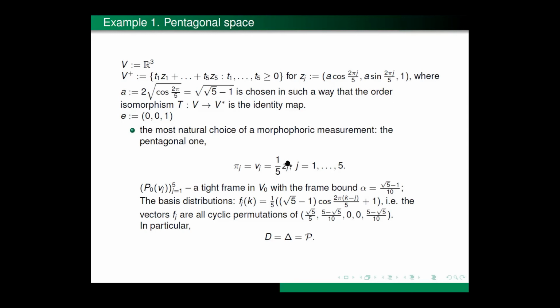Well, we take these extremal states and normalize them so that the sum of pi j is E. And in this case, the simplest case, we obtain that all these sets D, delta, and P are the same. So it's just a regular pentagon. So it's nothing interesting here.